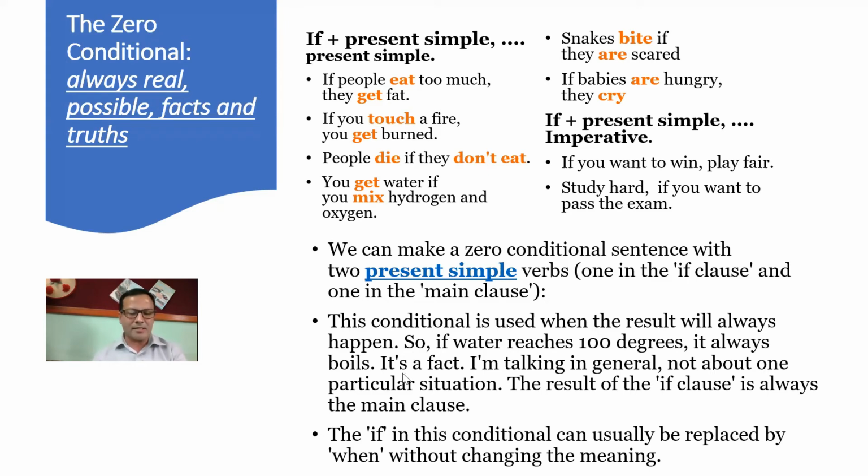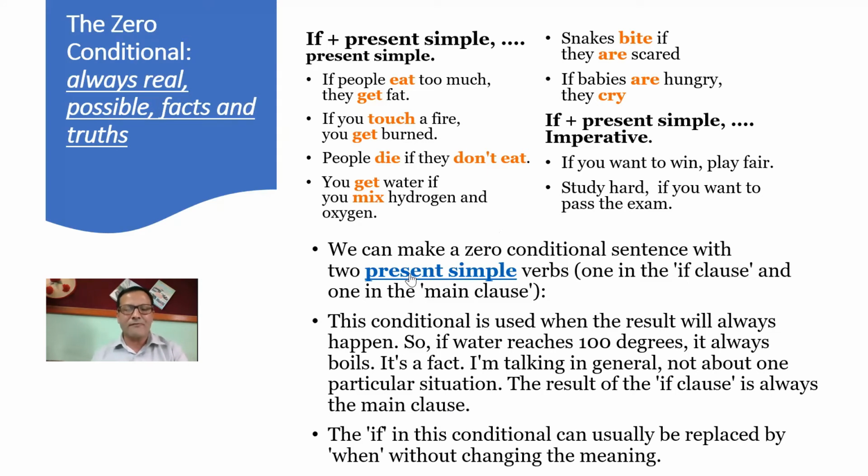So it is a fact. It always happens, isn't it? So I'm talking in general, not about one particular situation. If the if clause is fulfilled, then we will get the result in the main clause. So this is the first type.